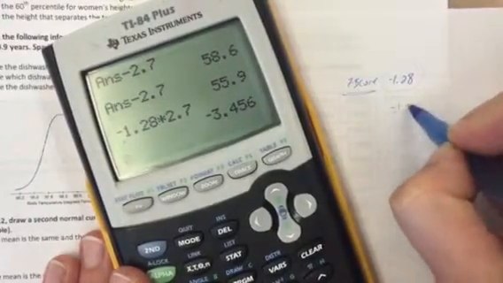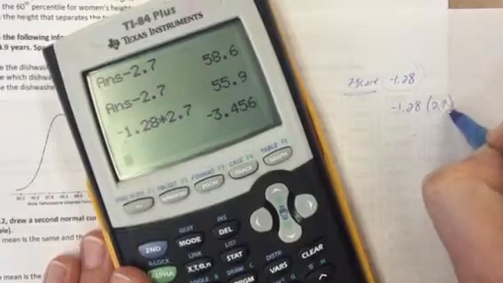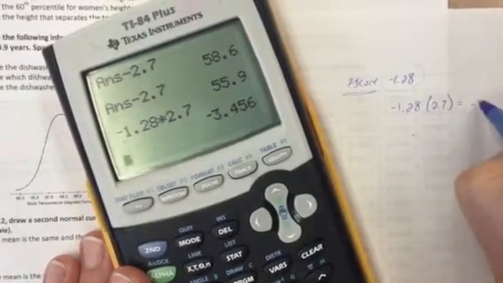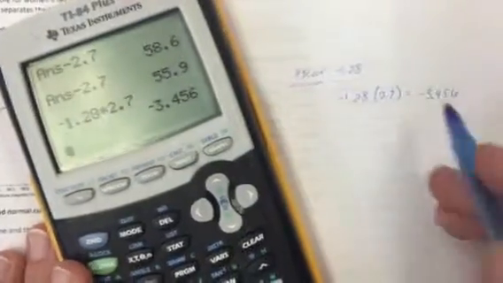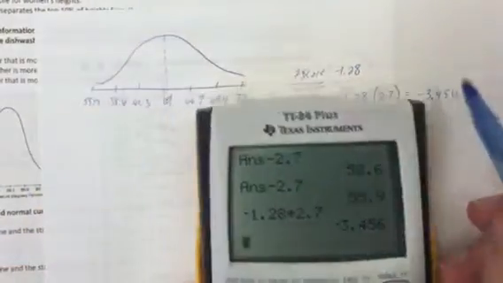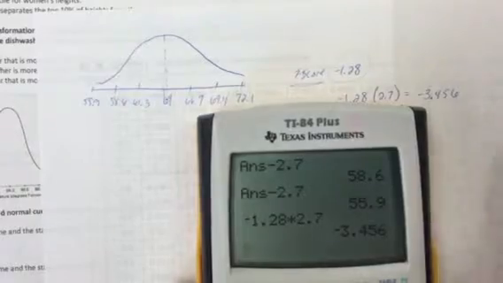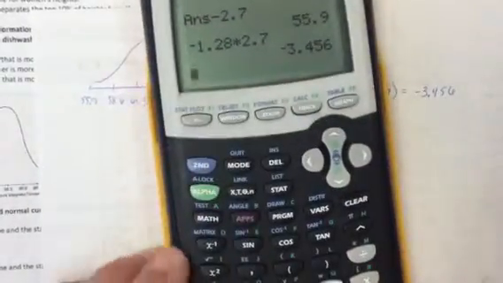So this times 2.7, my standard deviation, equals how many numbers I went down. I went down by negative 3.456 from the mean.